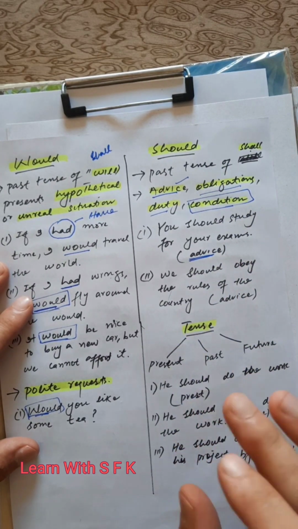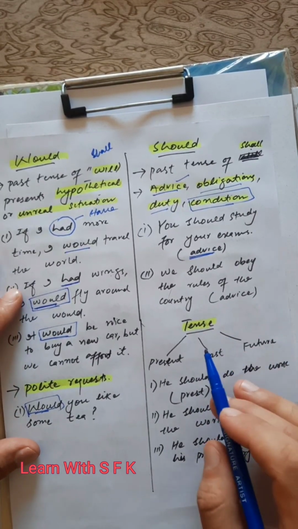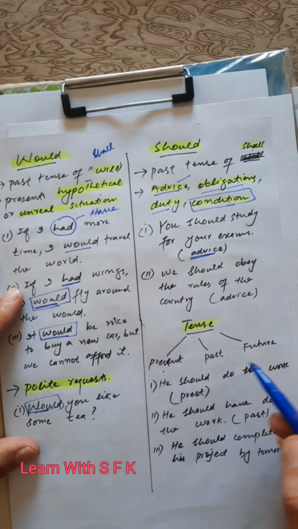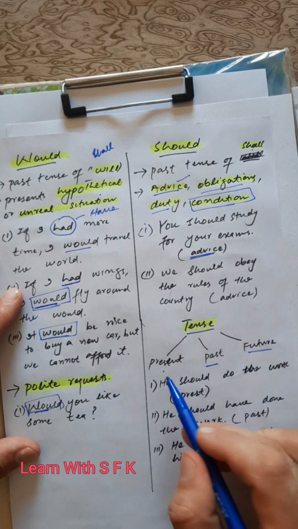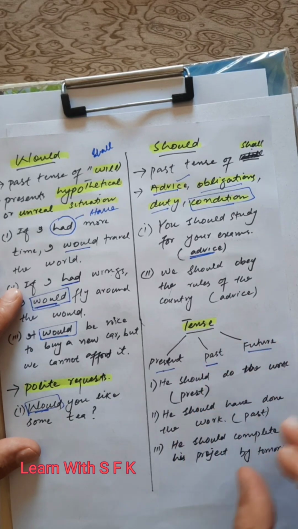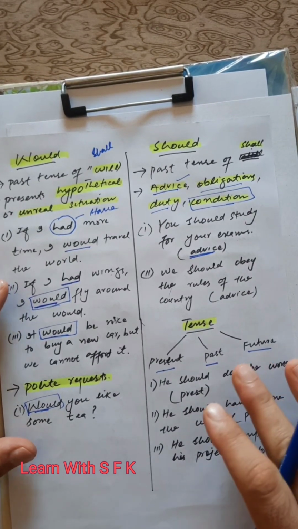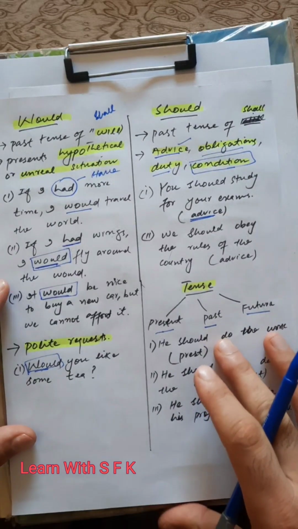Now the important thing about should that you must know is that we can also use should in the present tense, the past tense, and the future tense. So we can use should in all three tenses. But for that we have to use some helping words in combination with the word should.